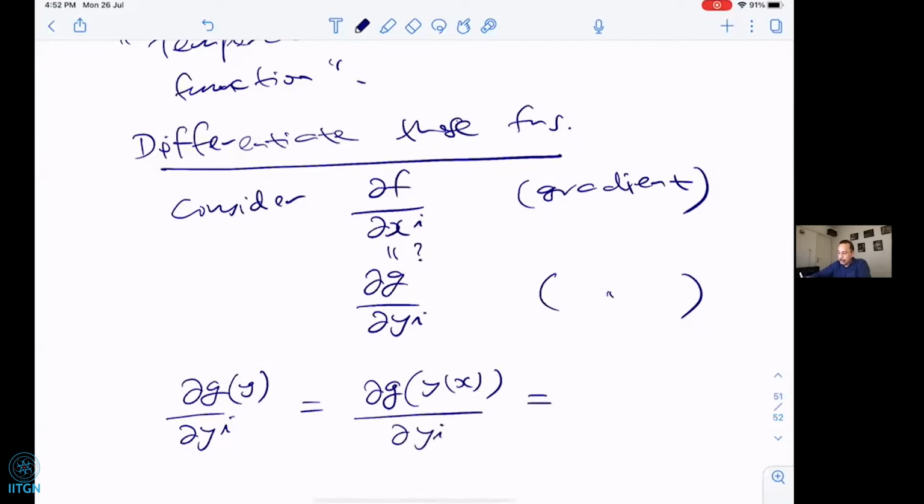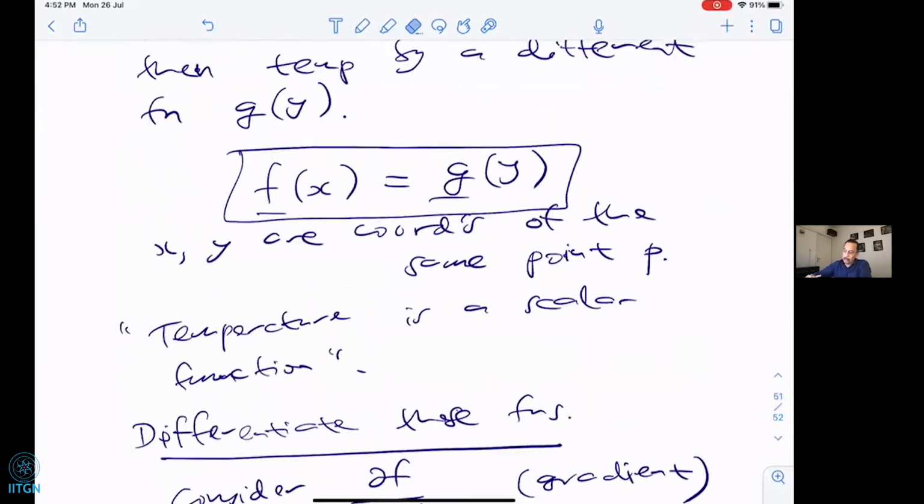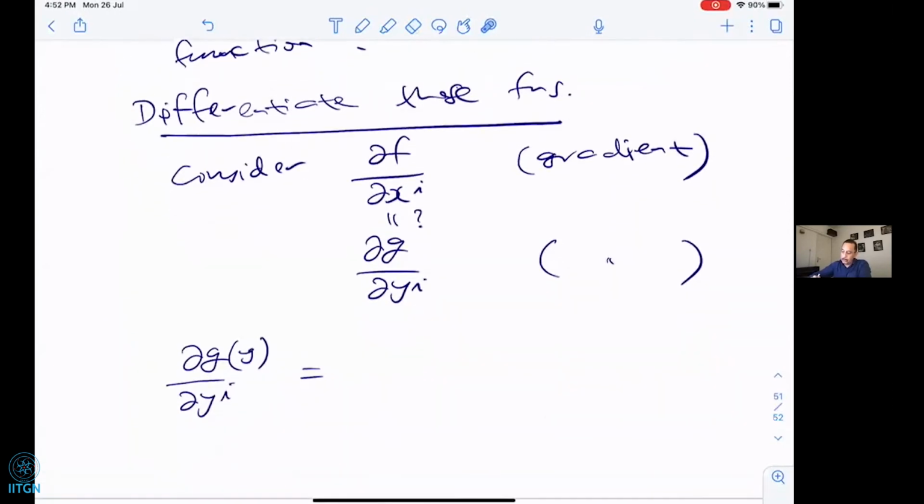First, I'll use the fact that g of y is equal to f of x, this relation. So I'll write this as del f of x by del y_i. But now my question is, how do I differentiate a function of x with respect to y?